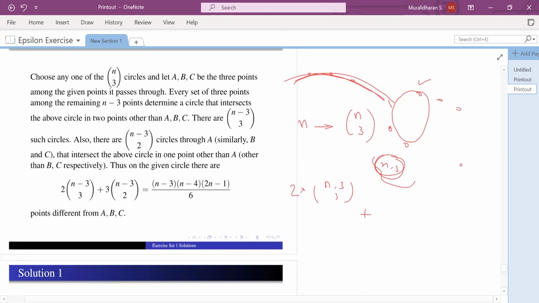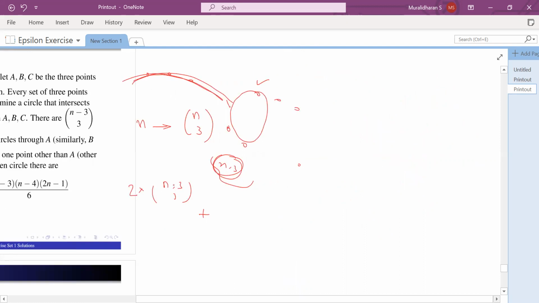So I divide this into two cases. One is that I take 3 points, and then of the remaining n minus 3 points, n minus 3 C3 circles are there, and each circle will intersect in 2 distinct points. That means these circles will give 2 into n minus 3 points of intersection.